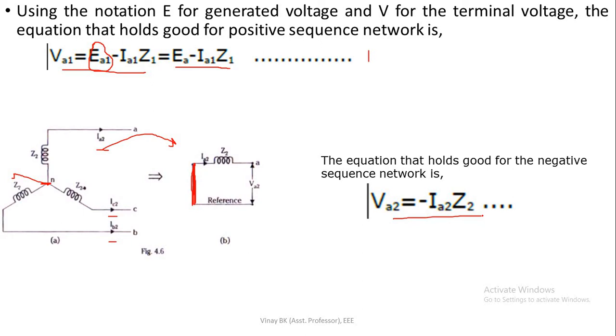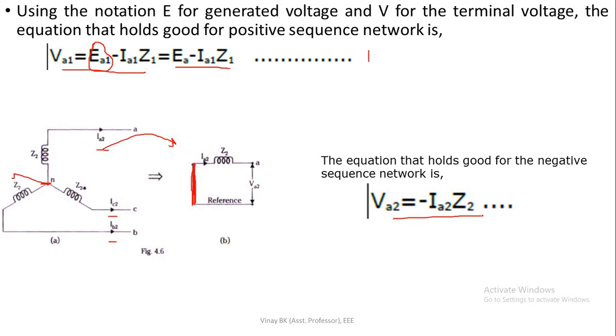So the negative sequence impedance presented by the machine with this consideration is often defined as Z2. Z2 is nothing but the negative sequence impedance. So we get a positive sequence voltage from the synchronous generator, and a negative sequence impedance.